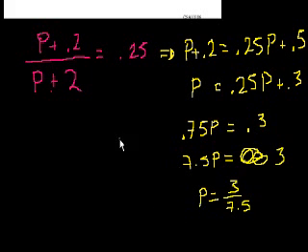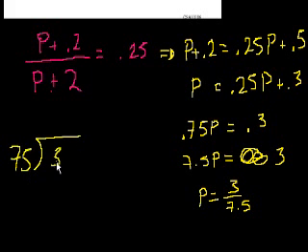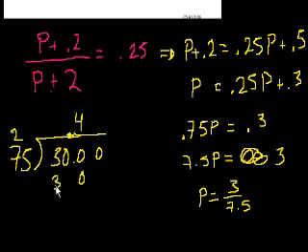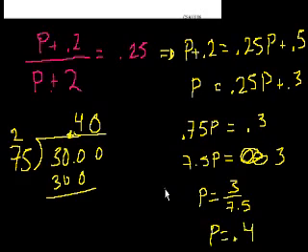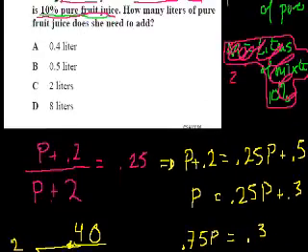How many times does 7.5 go into 3? That's the same thing as how many times does 75 go into 30? Put a decimal point. It goes into it 4 times, right? 4 times 5 is 20, 30. So it's 0.4. So P is equal to 0.4 liters. We have to add 0.4 liters of pure fruit juice.